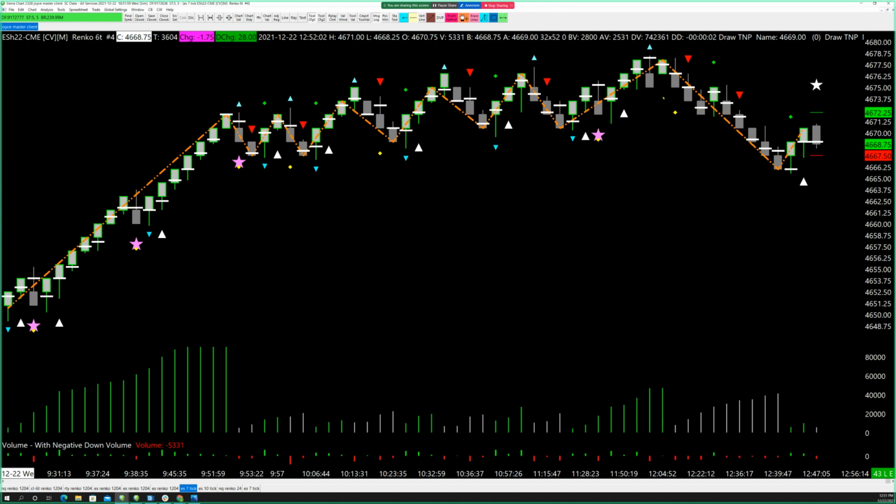I wouldn't take it, Ben, because this bar didn't turn into a power bar. It has lower odds of winning. That's exactly what I was trying to point out: I'd only want it if it formed a power bar. If you look at all our big trades, they all had power bars on top of them. So this is what I'd be focused on, this bar right here.